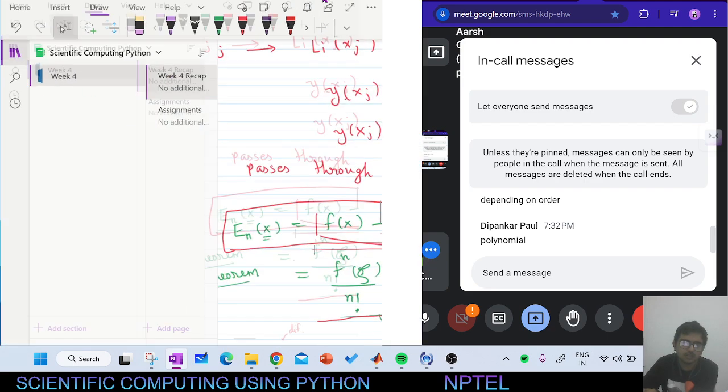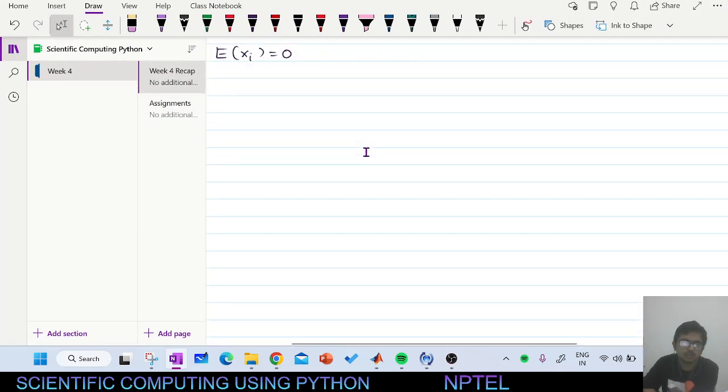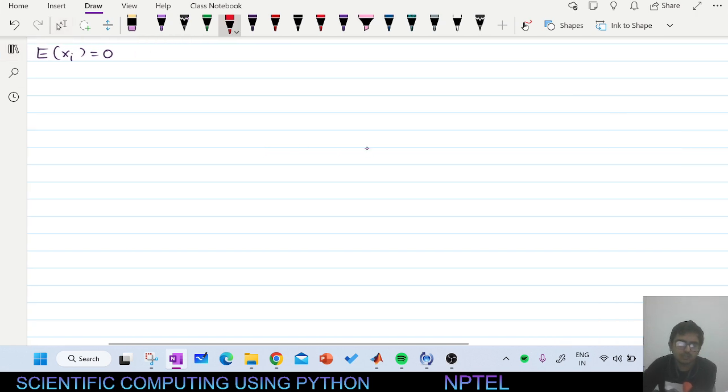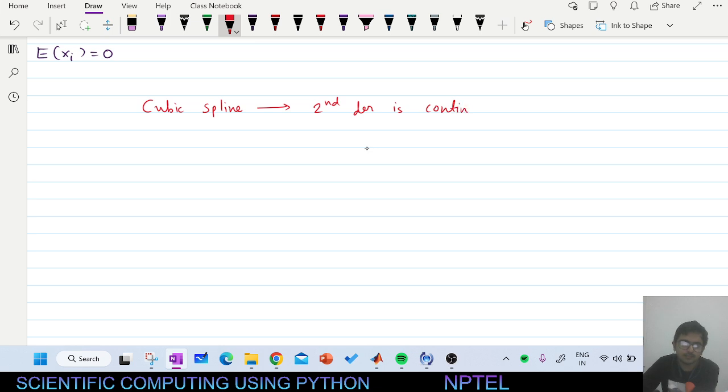Let me do it. For example, let's restrict ourselves to cubic spline. In cubic spline, we know that the second derivative is continuous. So let's take an example. This is a polynomial, and whatever the slope is here, I'm continuing in the same direction with another polynomial, which is like this.